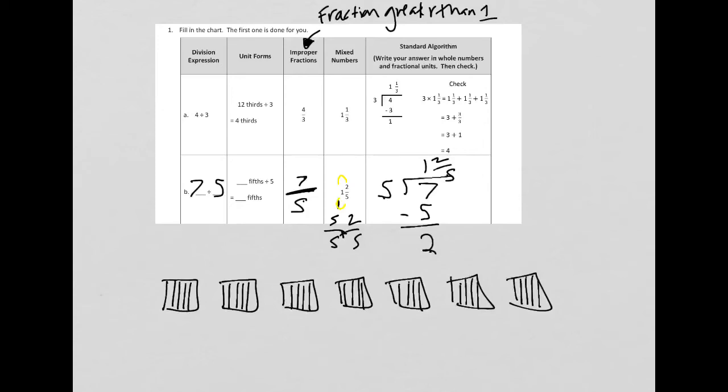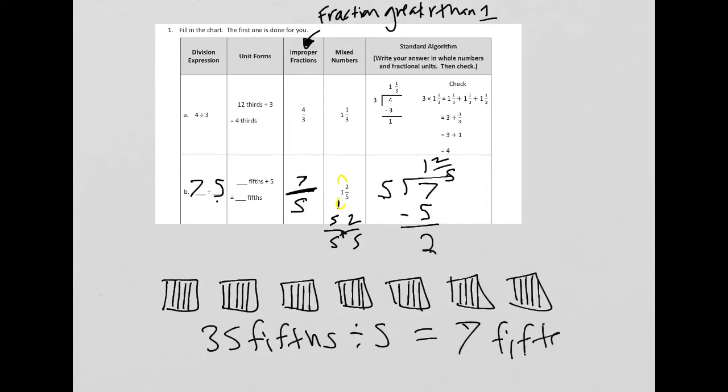Well, I have 35 fifths, and I'm dividing it by 5 because I'm putting it into 5 groups, like 5 circles. Well, 35 fifths divided by 5 is going to give me 7 fifths. So I can fill this in: 35 fifths divided by 5 gives me 7 fifths.